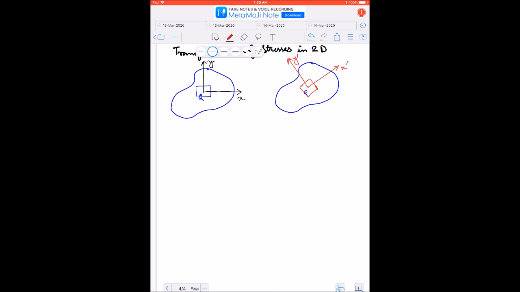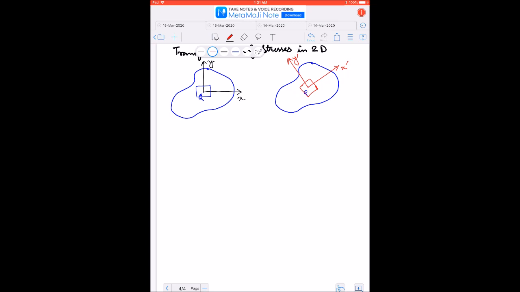So the physical situation, despite remaining the same in both the cases, it is the choice of the coordinate axis which has changed, and because of this, the stress components which will be describing the state of stress at the point Q in the two cases will be different.